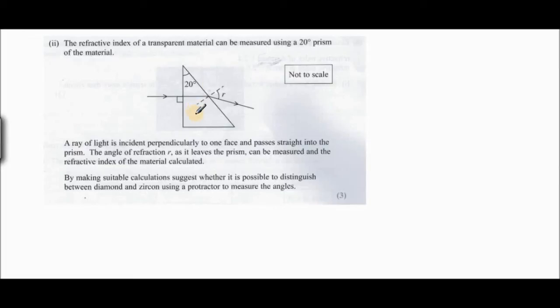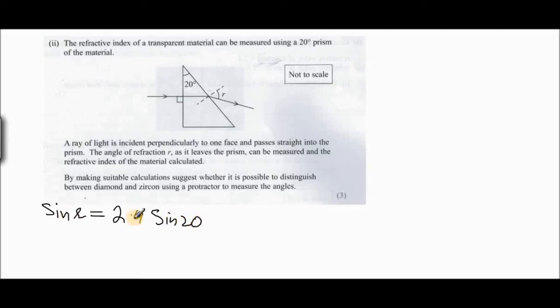Okay, so let's see, if this prism is made of diamond, then we can find the refracted angle using the formula sine R is equal to 2.4 sine 20.